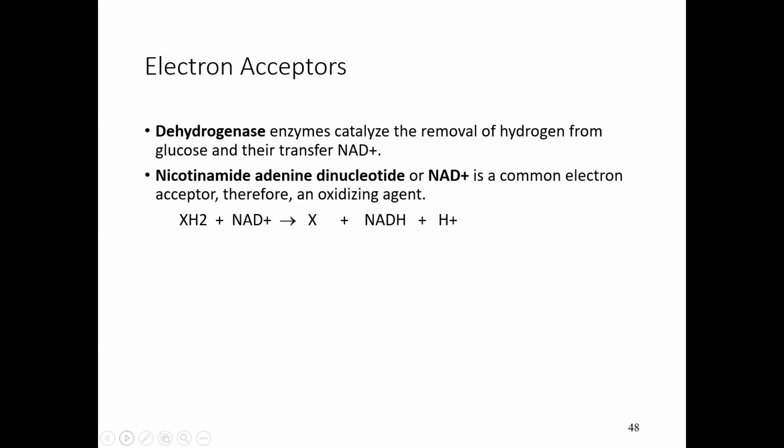When electrons are released through oxidation, they have to be accepted somewhere else. And that somewhere else is usually oxygen. But when we're trying to work our way down to the oxygen, we have to use an intermediate electron acceptor. And that's where the NAD+ comes in.